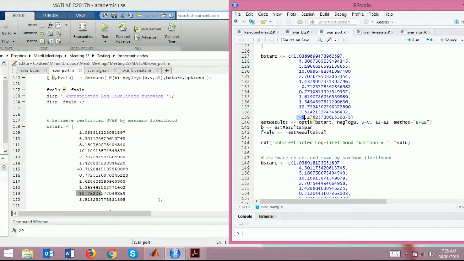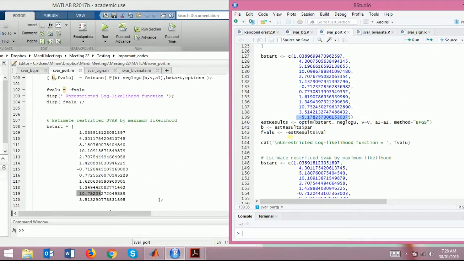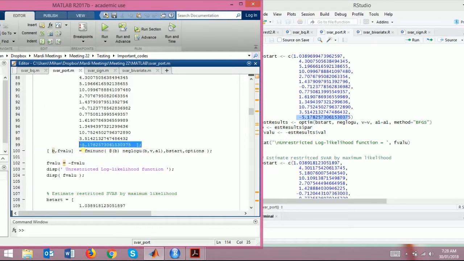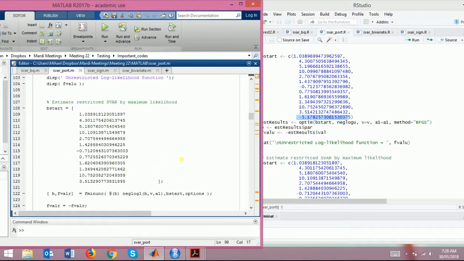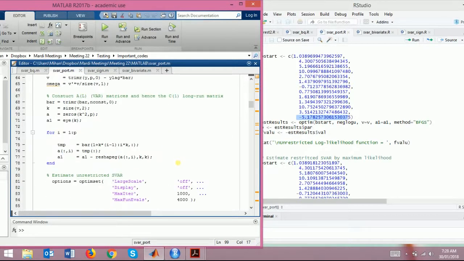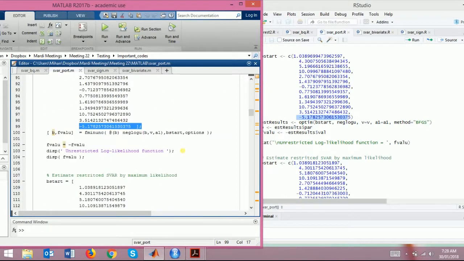Instead of minus 5, what are we using? Minus 5 is not here. 10, 1.3, 1.6, 1.7. So the last element is not included. The last parameter is against which we are putting our restrictions. What is our last parameter? Autoregressive, moving average parameters.